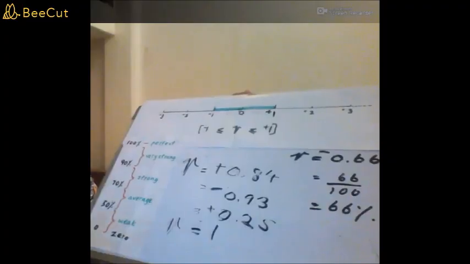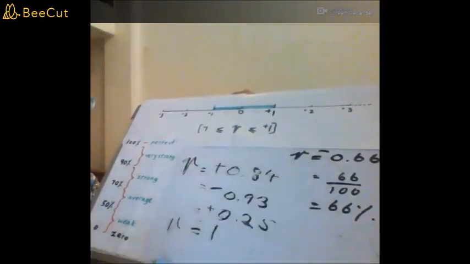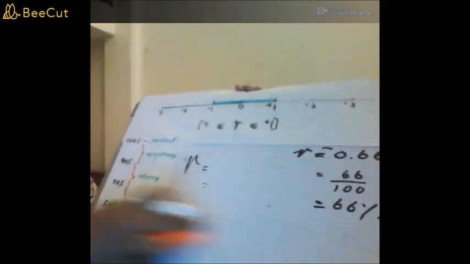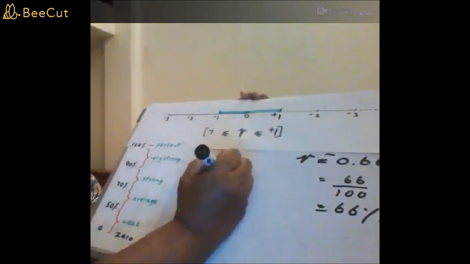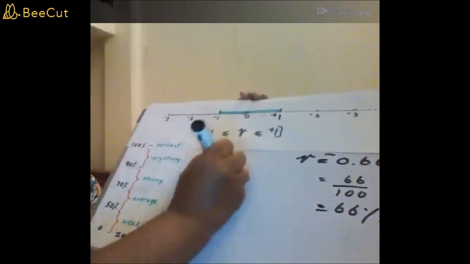Okay. So when you get the, I told you to get 2 decimal. This one. Rho equals 0.03.